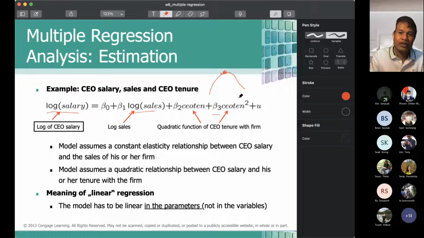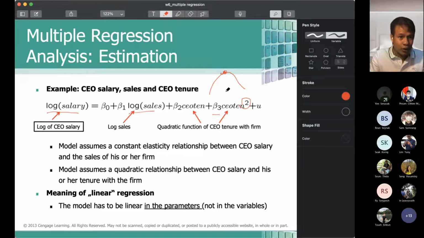All right. So we use this square, this power term. We call it quadratic functional form, meaning that at one point, even though you increase the CEO tenure, the salary will not increase anymore. All right. But again, you will understand this from your own reading, from your own field of subject.